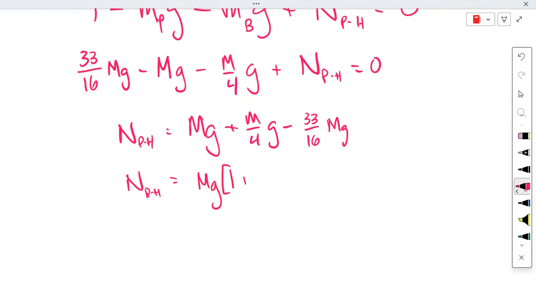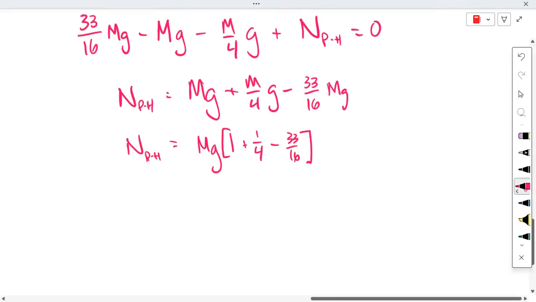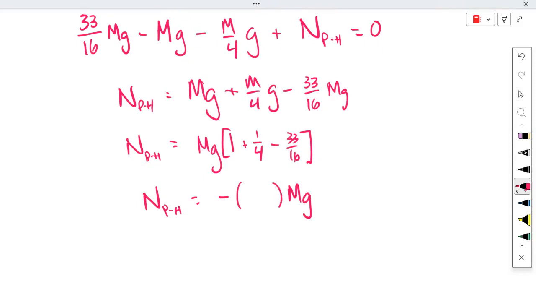We got 1 here, we got a quarter here, and we have negative 33/16 here. So 1 1/4 minus more than 2. So normal on plank by hinge is negative some fraction, which I don't care about. It's not too hard to solve, right? This is 5/4, which is 20/16 minus 33/16.